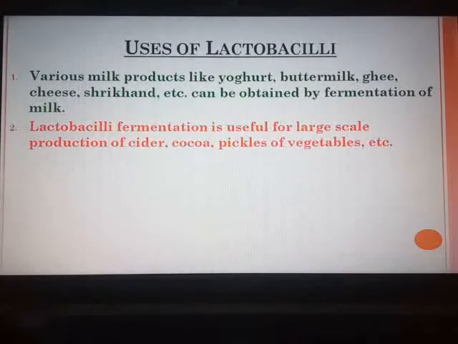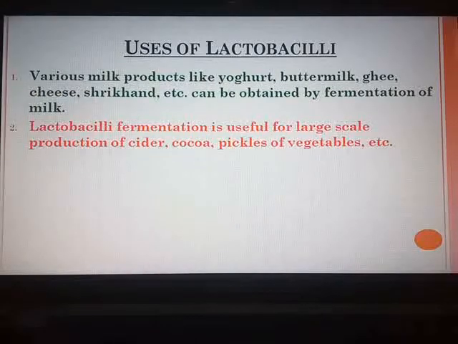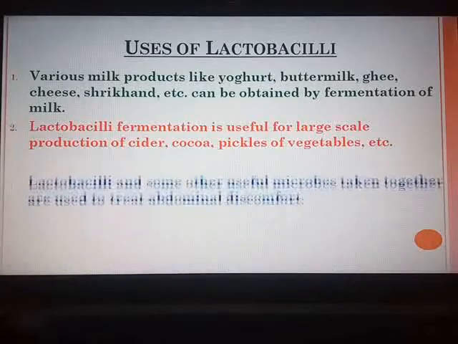What do you mean by cider? It is an alcoholic drink made from fermented apple juice, cocoa, and pickles of vegetables. When you get a pickle in the market, a typical sour taste is experienced. That is due to the presence of lactobacilli.